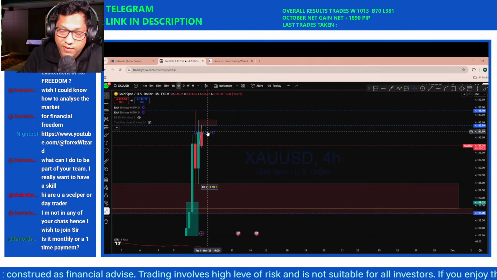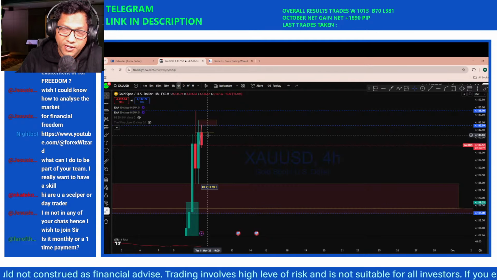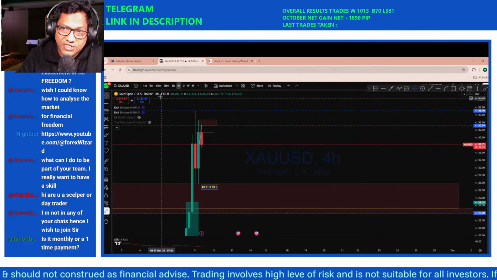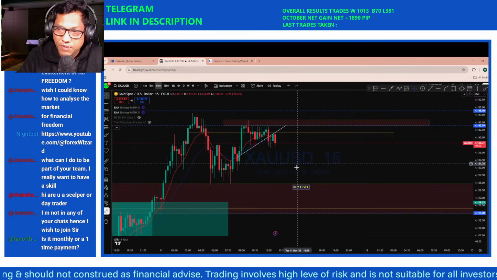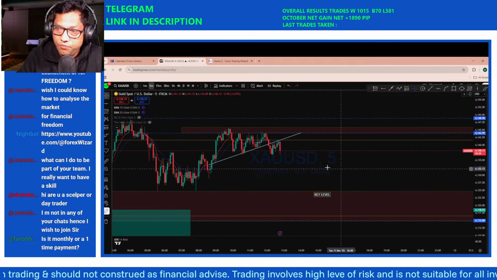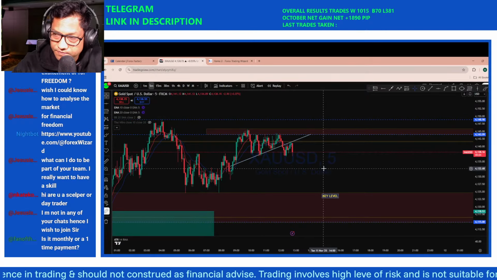This is the 4-hour level, and that's what I told you: this is where I'm not opening any entries at the moment, because we want to see that the market has managed to break that low before we look at any entry in that market.